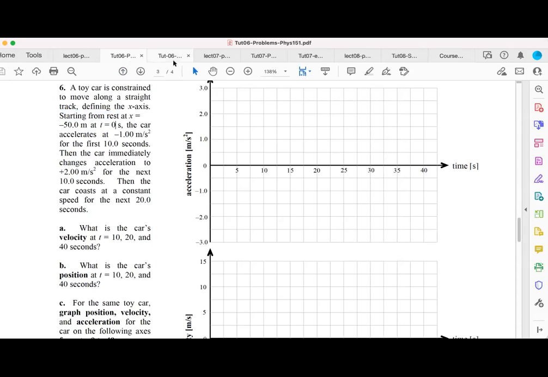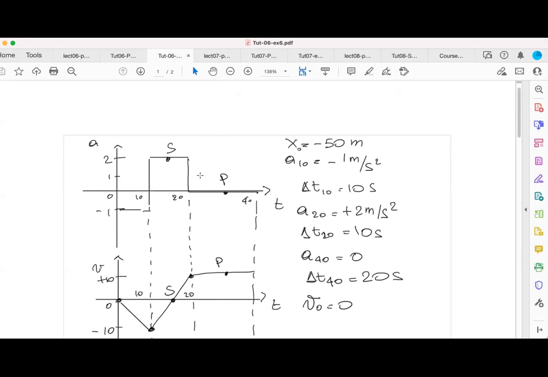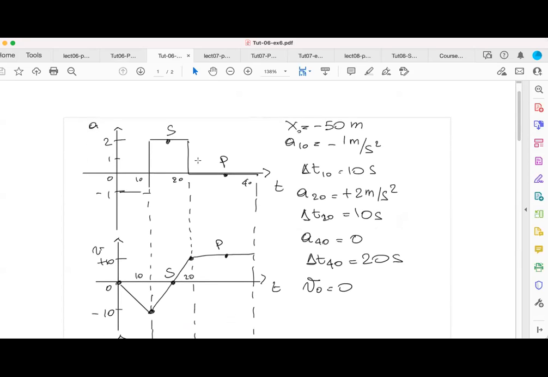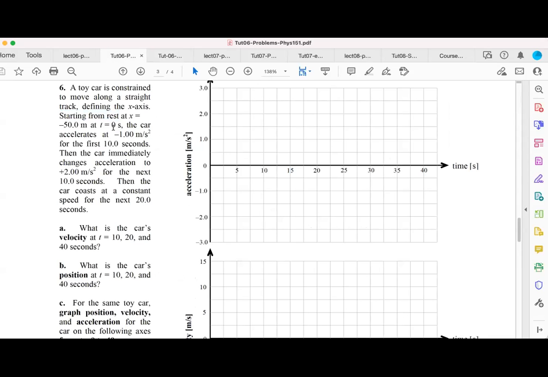So what I normally do when I start problems like this is write right away this information in a place. In this case, V naught is equal to 0. Then it starts from rest in a position which is x minus 50 meters.